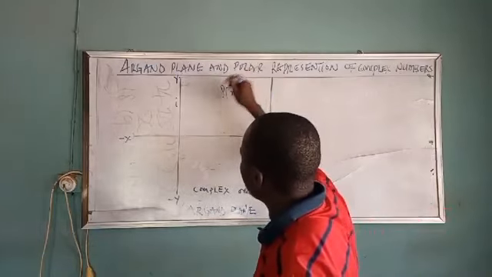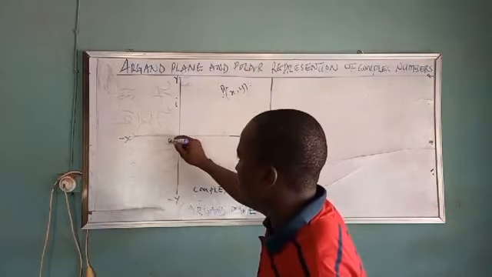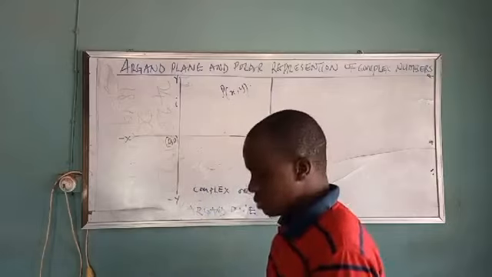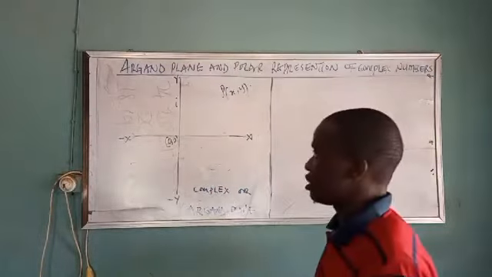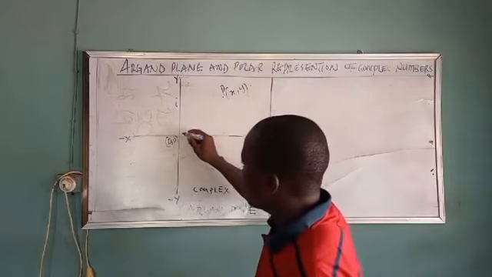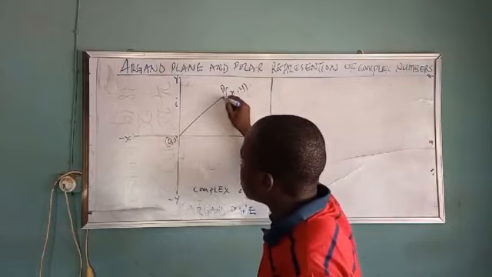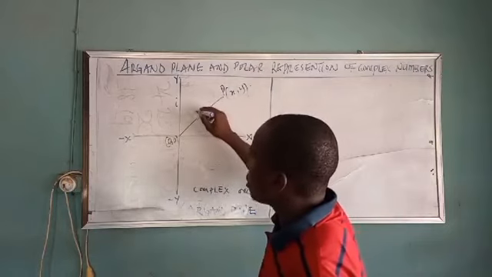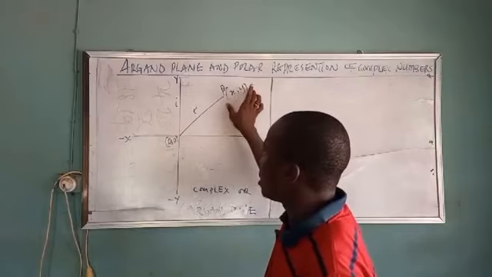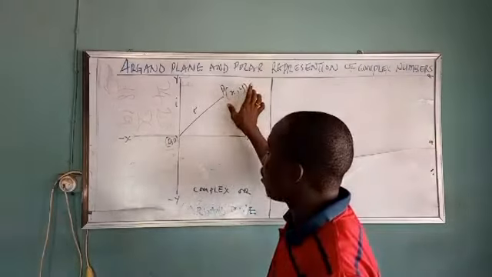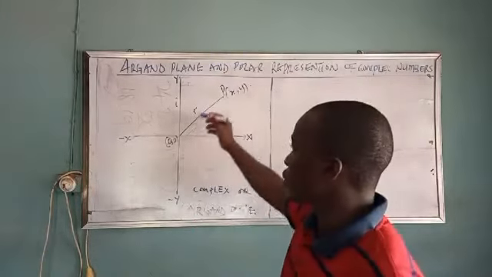Say we have this place as our origin, that is where the axes start from, 0, 0. Let's say we have a line drawn from the origin to this point P. We call this distance from the origin to the point on the plane R, and at the same time we call it the modulus.